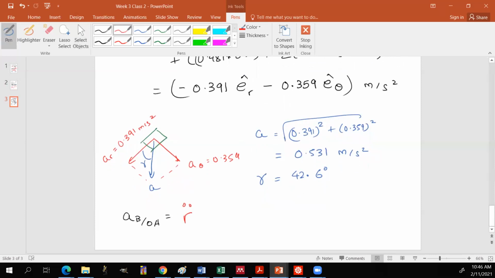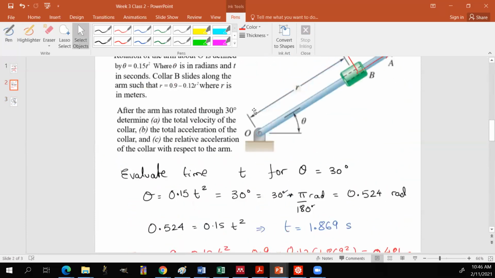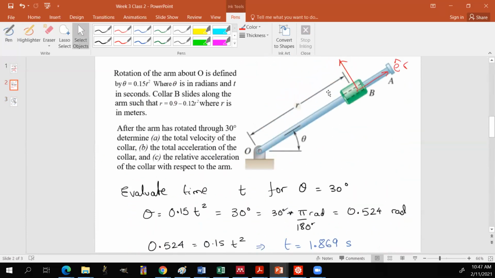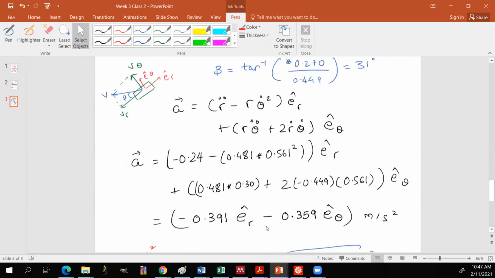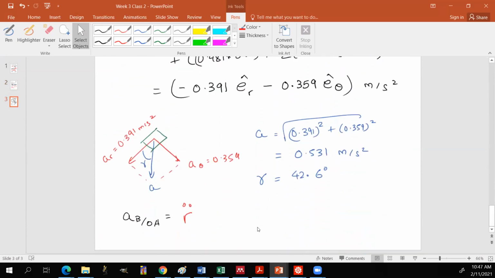So the movement of the collar with respect to the arm is only related to how this radius, the position of the collar, changes. That is just equal to r double dot, because the movement is rectilinear and it's defined by the coordinate r. This we had found out is just equal to minus 0.240 meters per second squared.